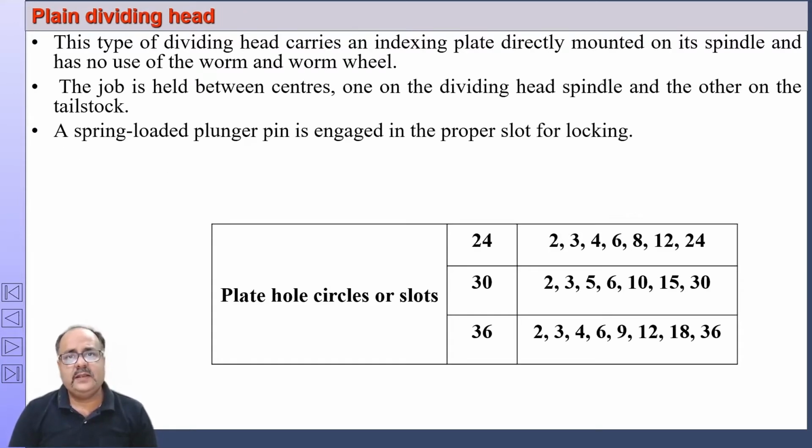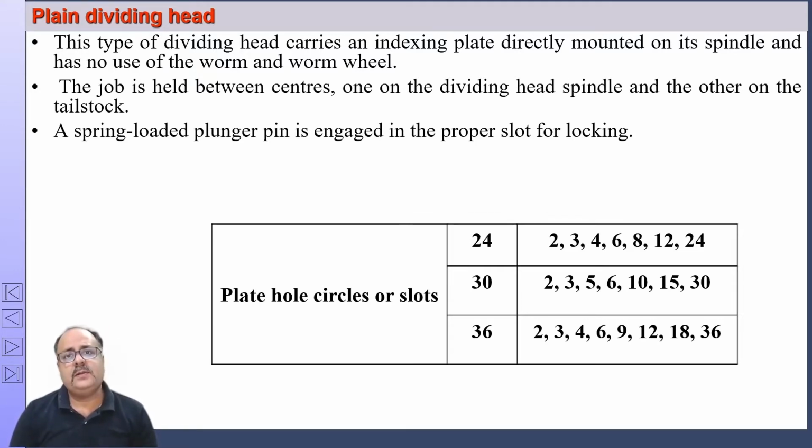Basically, in the plain dividing head, on the spindle which carries the workpiece, there is a plate, and that plate has 3 hole circles. That means there are circles in which certain holes are arranged circularly. There are 24 holes in the first circle, 30 holes in the second circle, and 36 holes in the third circle.